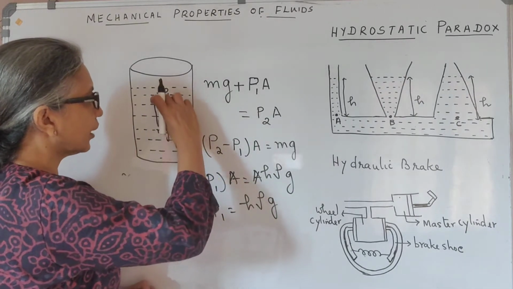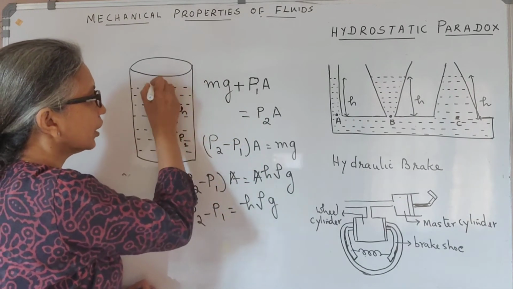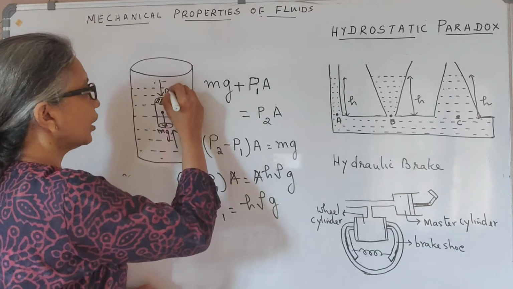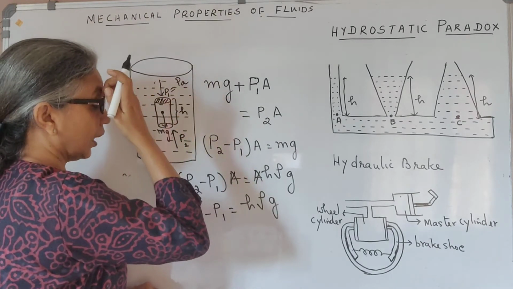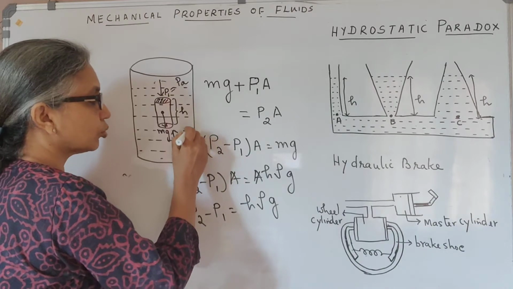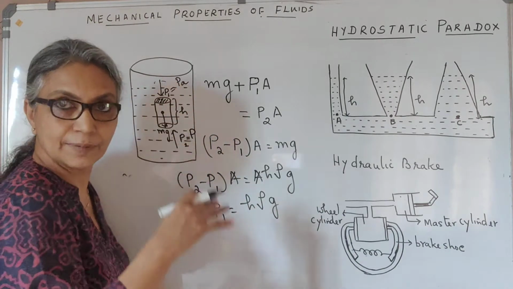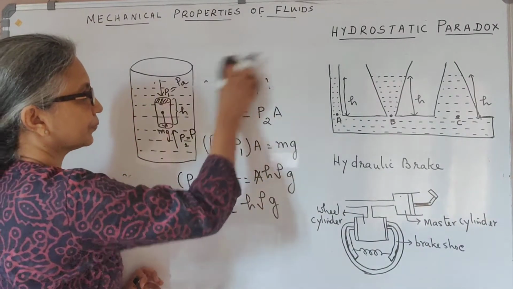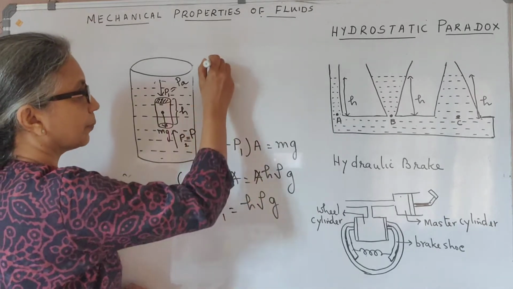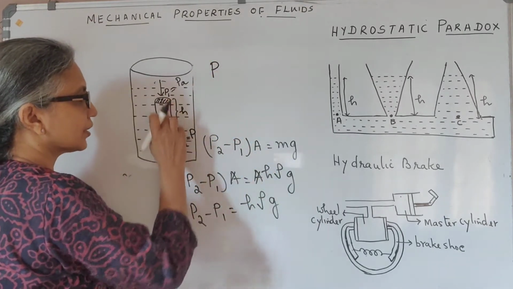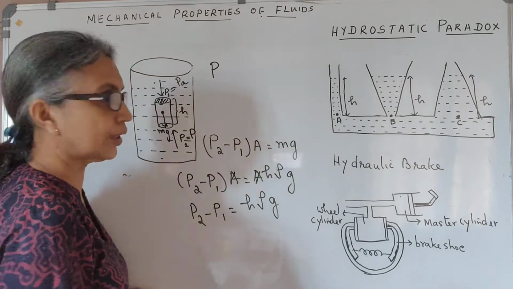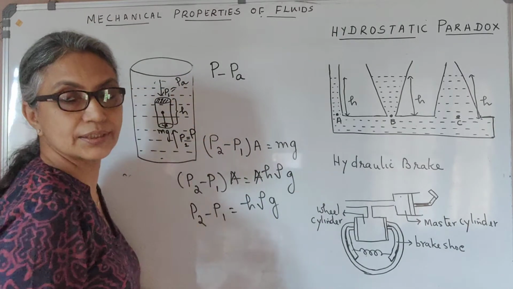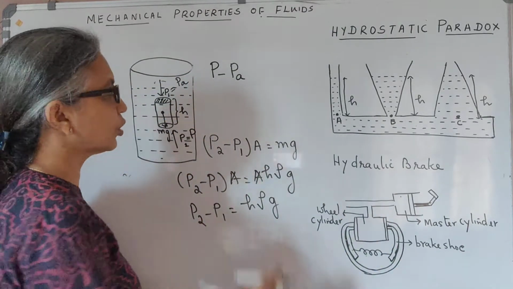Now imagine this fluid element is on the surface of this liquid. If it's on the surface, it means that this P1 is open to atmosphere. So you may equate P1 to atmospheric pressure, PA, and let us equate P2 to some pressure P, which is at a depth h from the surface of the fluid. So this equation will now become: instead of P2, I'll replace it with P, the pressure at some depth below the surface of the fluid, minus PA, because P1 is at the surface of the fluid, open to atmospheric pressure.